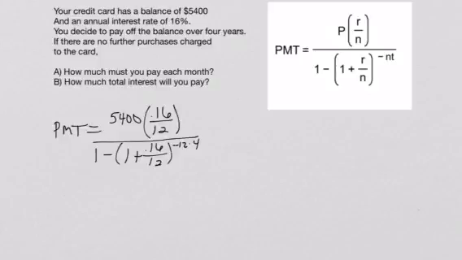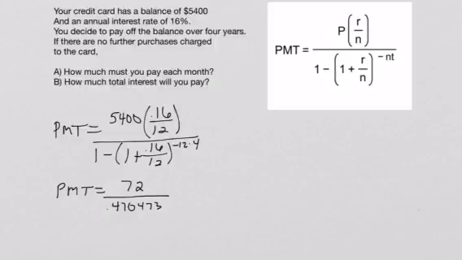T is 4 years. Now, when we calculate the top, we get 5,400 times 0.16 divided by 12, and that is 72. And on the bottom, when we do all those calculations, we get 0.470473.